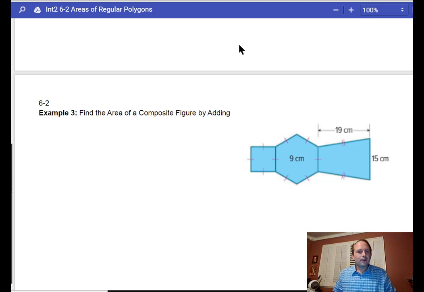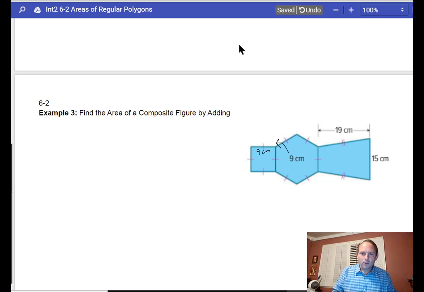It says find the area of a composite figure by adding. All right, well, I know that this is equal to 9 centimeters right here. This should have been right here, but for some reason it got moved. So this is 9 centimeters right here.